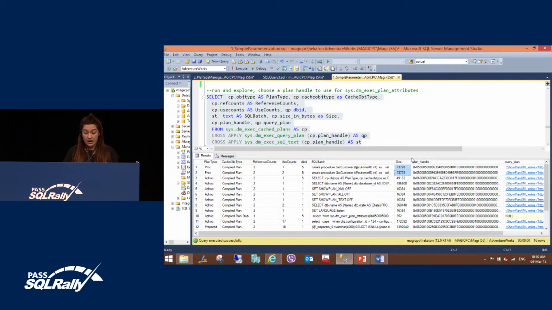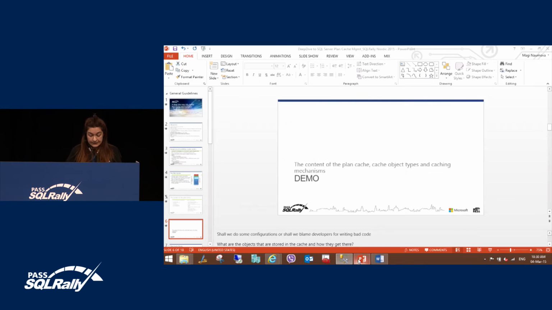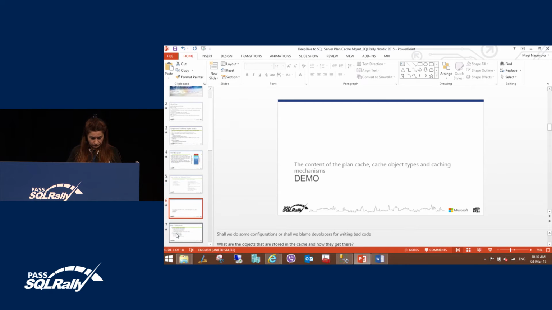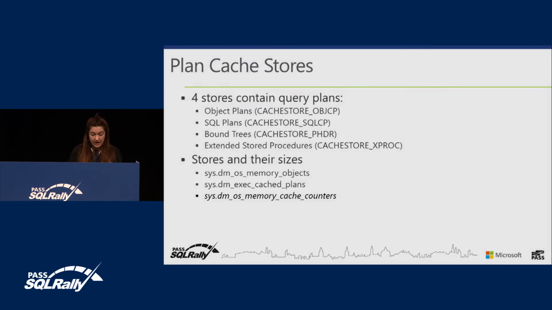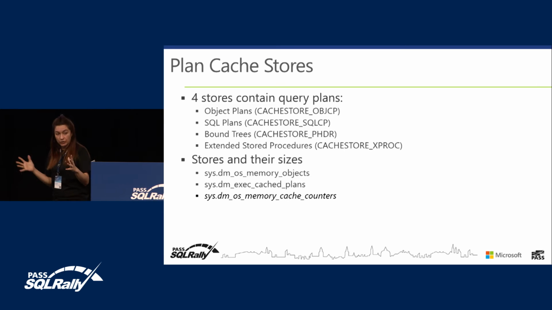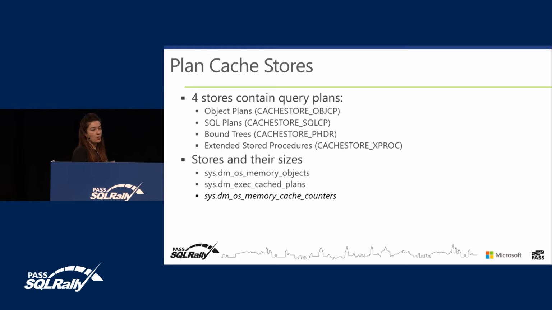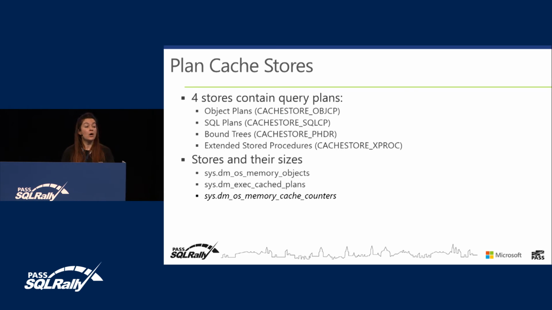Okay, so this is a second thing that you should care about. And okay, so let's talk about plan cache stores, so where all those objects are actually stored. And what is important according to the store size management. So what are the thresholds, and when do we get a memory pressure event, either internally or externally.